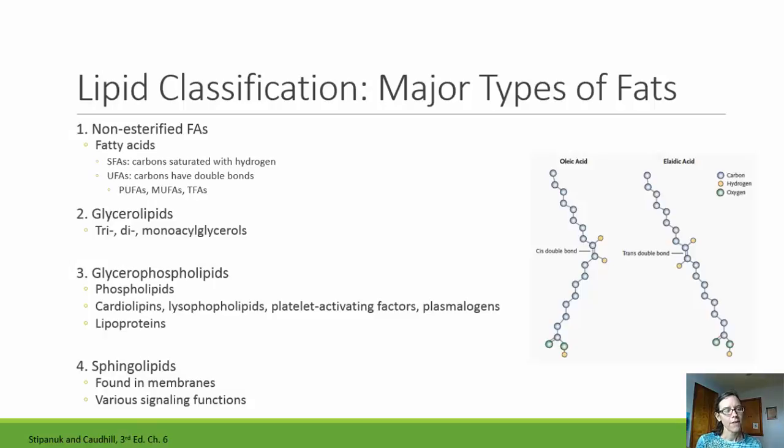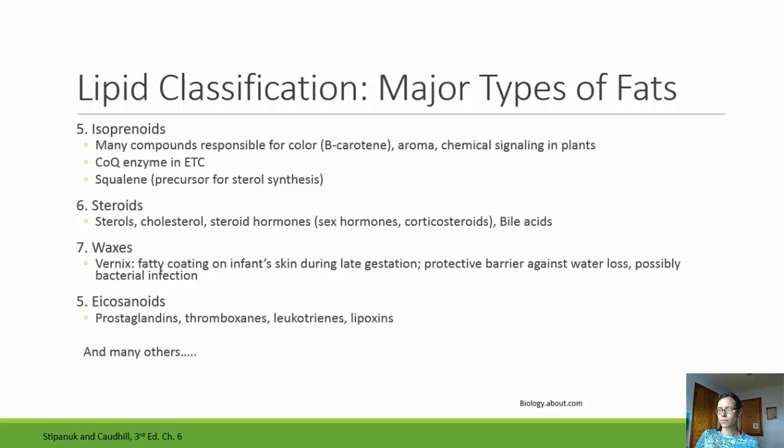Okay, then we have our glycerophospholipids, which is our phospholipids, our cardiolipids, platelet activating factor, and our lipoproteins, and we'll go into more detail about some of those. We have our sphingolipids, which I won't go into too much about, but you can find out about in your textbook. And these are crucial for various signaling functions. We then have our isoprenoids.